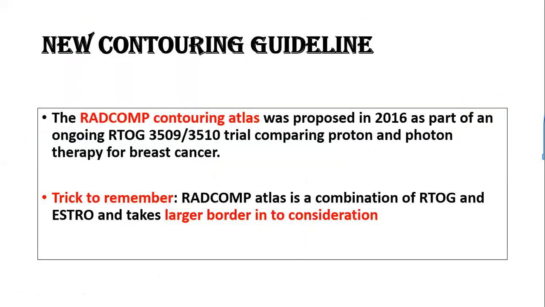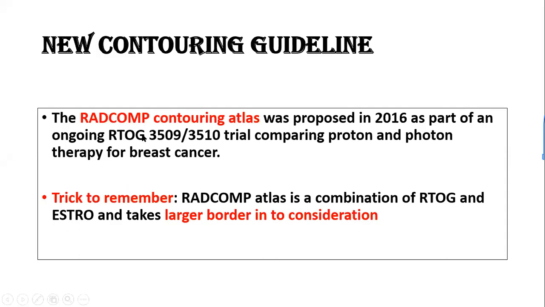As I said, we will also take into consideration one more guideline, the RADCOM contouring atlas. It was proposed in 2016 and is part of an ongoing RTOG trial, a comparison between proton and photon IMRT therapy in breast cancer.